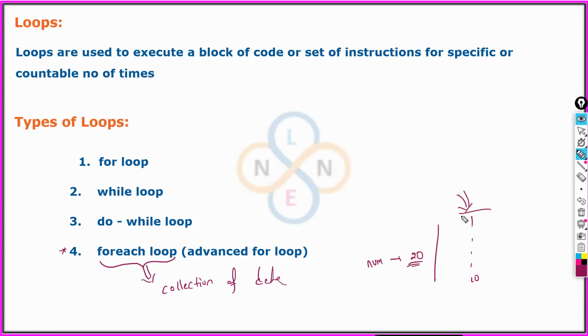To generate 1 to 10, or to take a number and write the logic for whether it is a prime number or not, we can't use the for each loop. For this, we need some collection of data, not for generating such type of results.